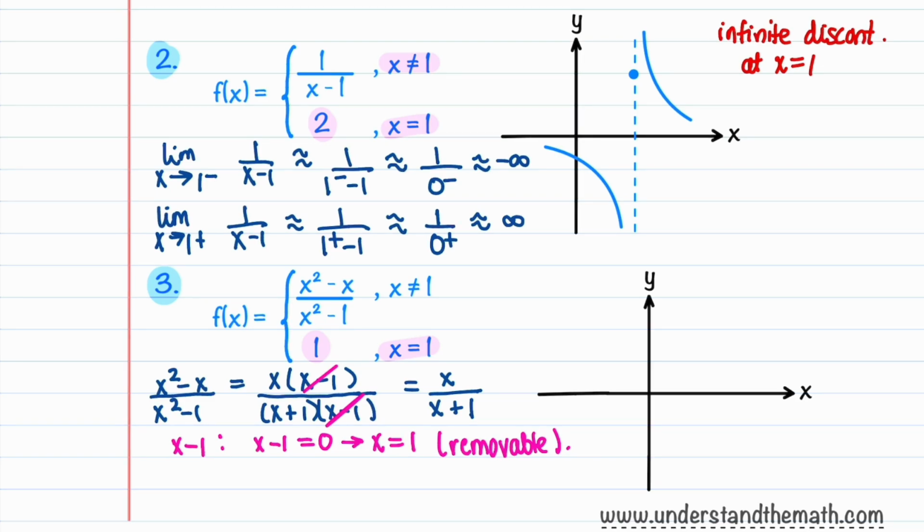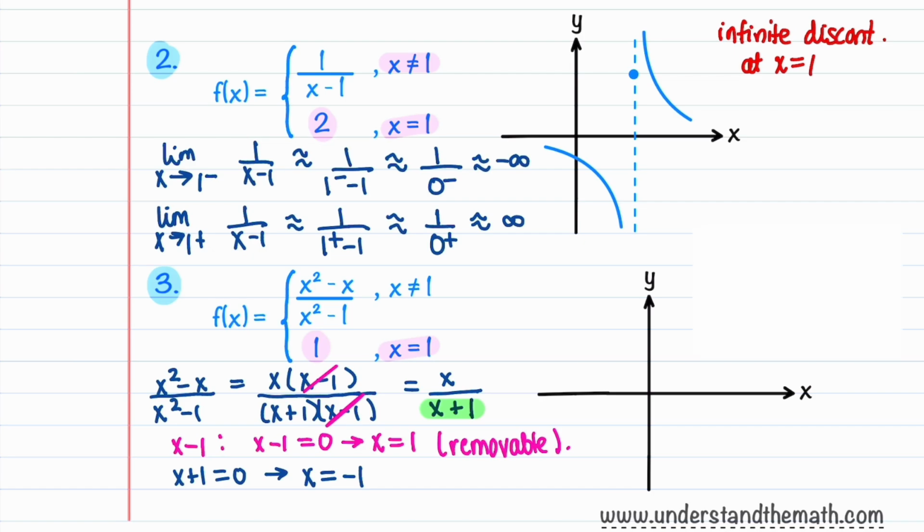Now let's look at the function that we have left. Notice that there is an x plus 1 in the denominator. Let's take that and set that equal to 0. And that gives us x is equal to minus 1. When x is equal to minus 1, our denominator is going to go to 0. So our function is going to go to infinity and also to minus infinity.